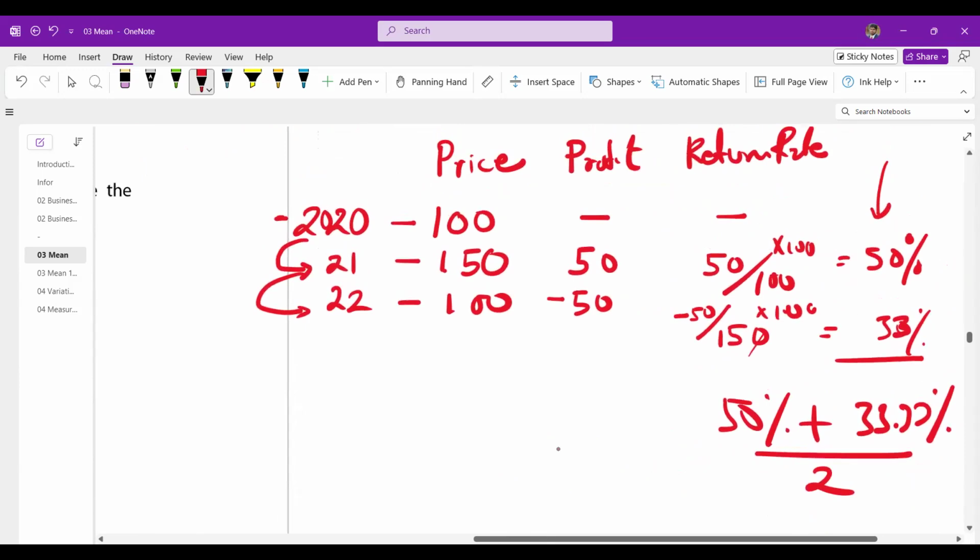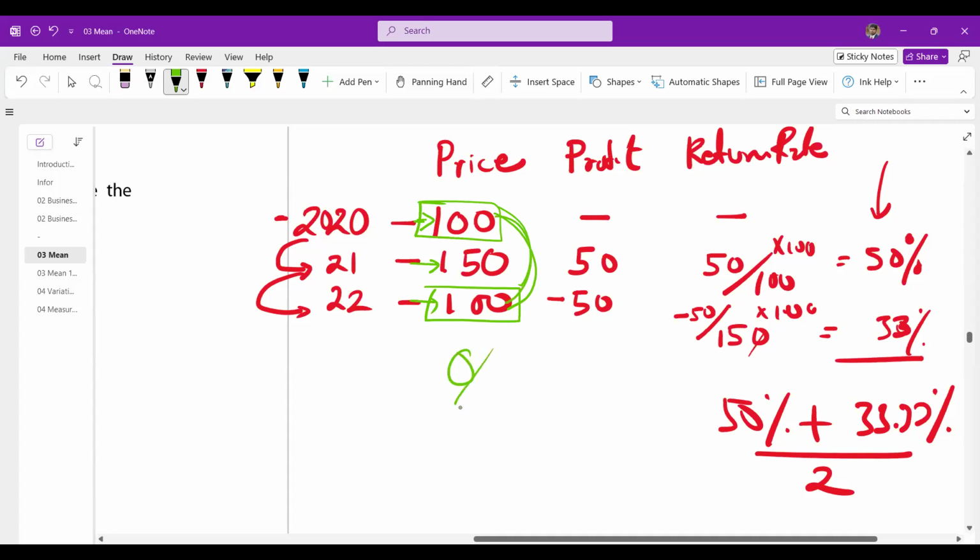But in reality, this is not correct. Why? Initially we purchase at 100, the price goes up and again goes down. Looking at the price, it is 100 rupees at the beginning and 100 at the end, the same 100.